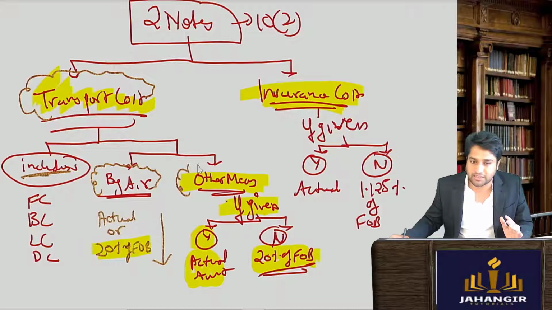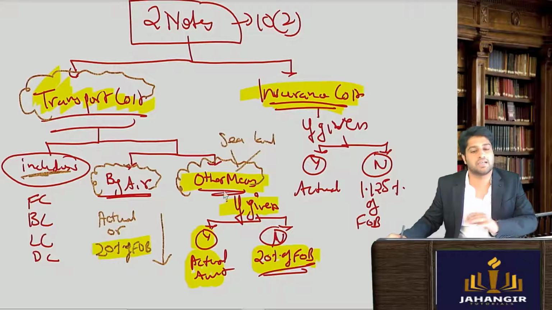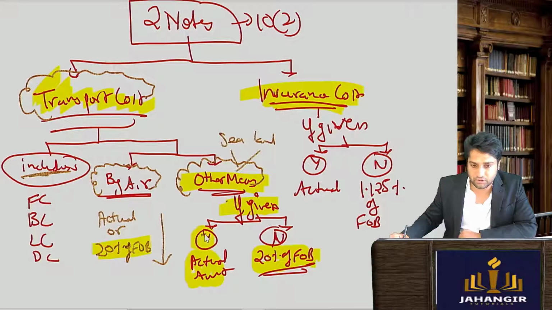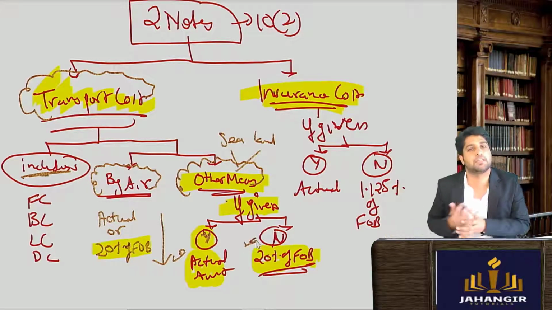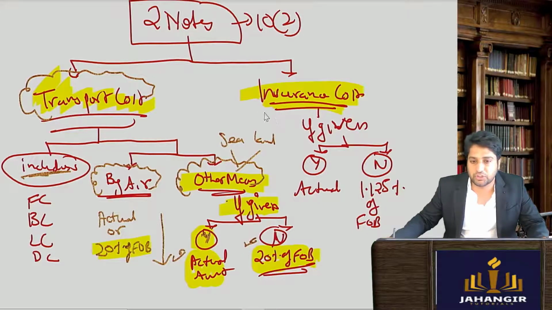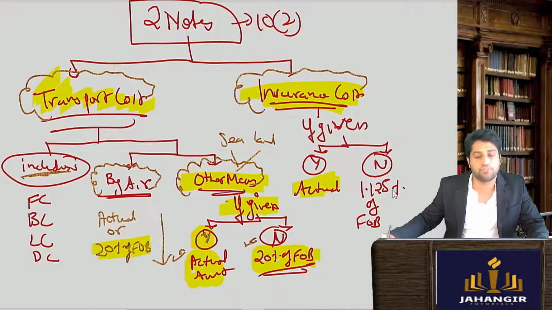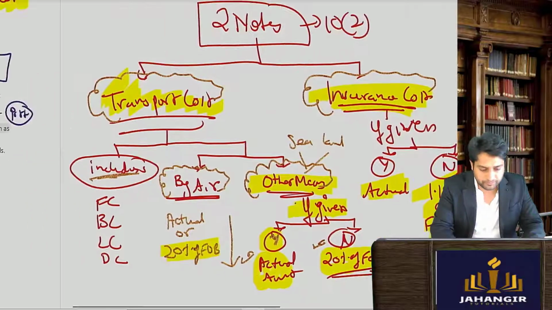And if it is by other means, that is by sea route, waterways or land route, in such cases, if it is given, you will take the actual amount. If it is not given, you will take 20% of the FOB value. The insurance, if given, you will take the actual amount. If it is not given, you will take 1.125% of the FOB value.